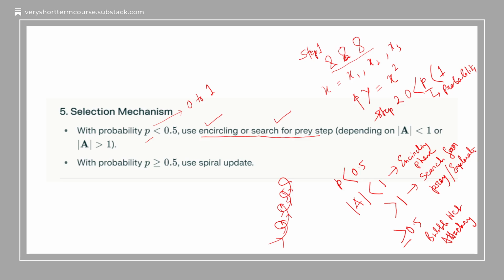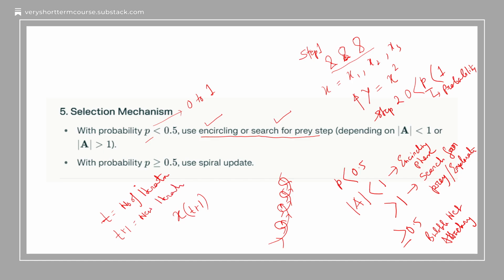Clear? So in whatever phase you may follow, the end result of those phases is a new value of x, x t plus 1. Here t always denotes the number of iteration, and t plus 1 is the new iteration.